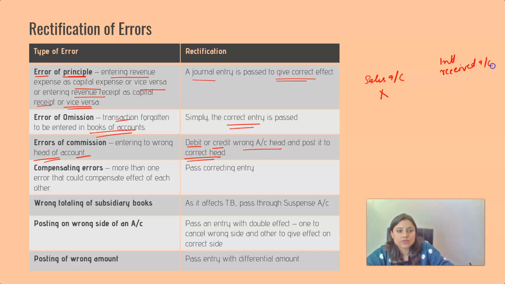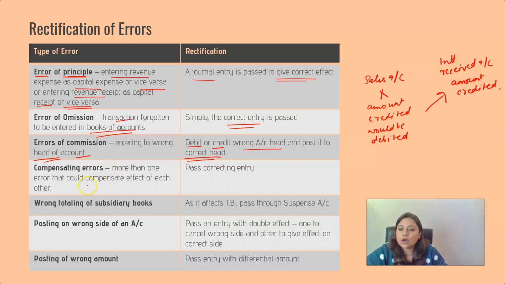So what we will do, since we credited the amount here, the amount credited would be debited here and transferred to the interest received account, where it will be credited.